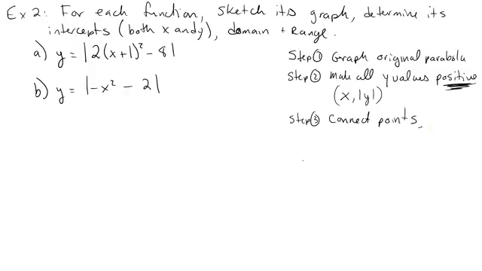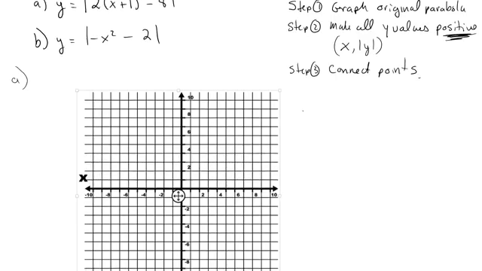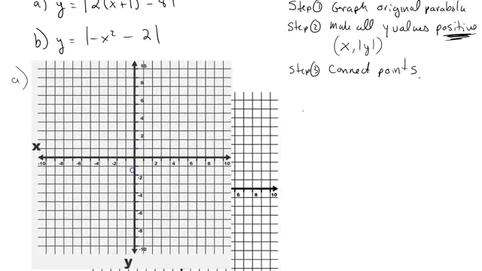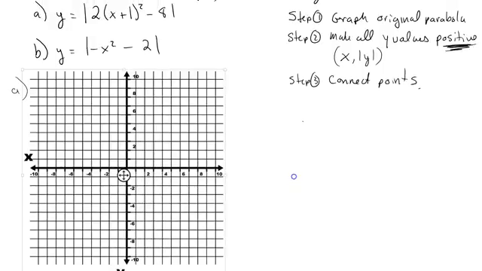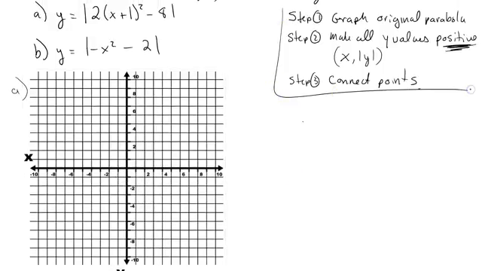All right, so first things first, let's deal with A. So we have here y equals 2x plus 1 squared minus 8.